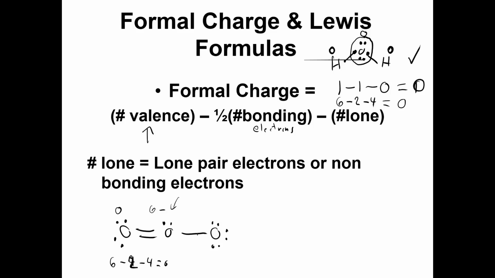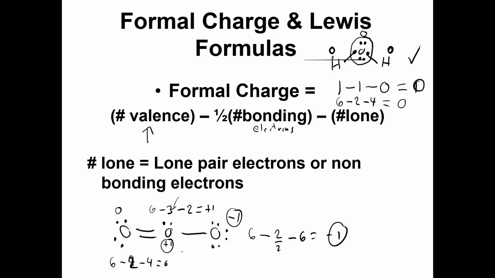It has 3 bonds, so that's 6 electrons. Half of that is 3, and it has a lone pair. So 6 minus 5 is plus 1. So this oxygen actually has a plus 1 formal charge. This one has 6 minus 2 over 2, minus 6. So this is minus 1, and this has a minus 1 charge.